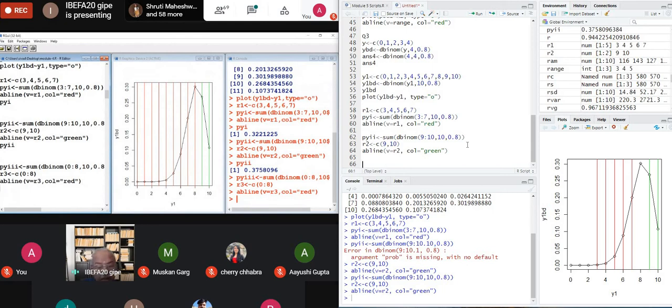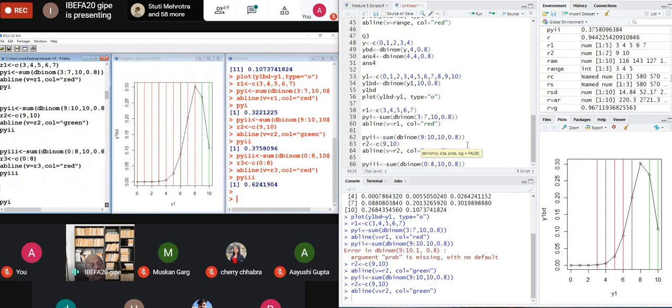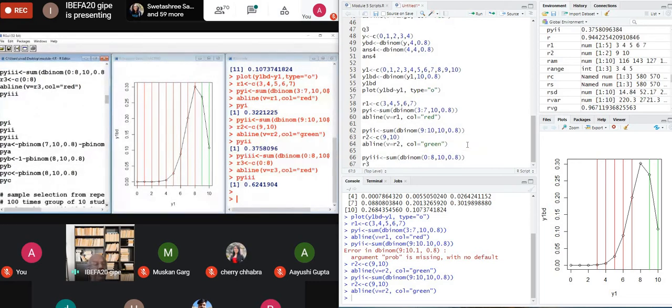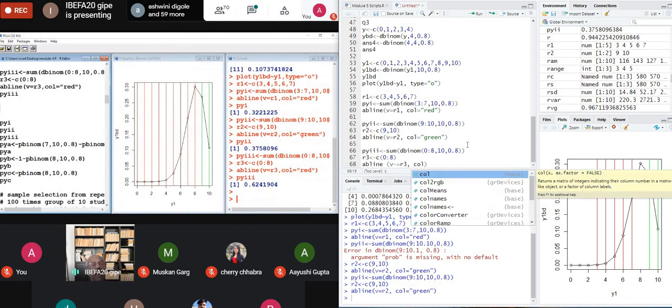Probability will be PY3. By using algebra also you can do it. 3 to 7 is P binom 7 minus P binom 2. For 9 and 10, the probability will be 1 minus P binom up to 8.